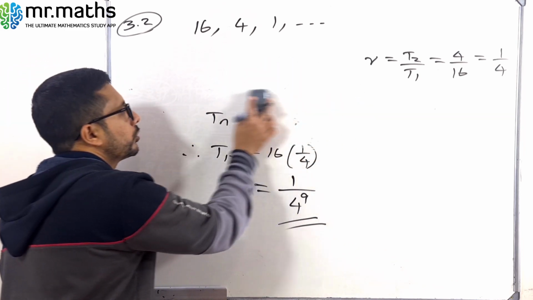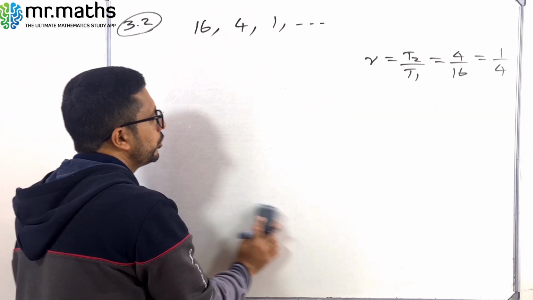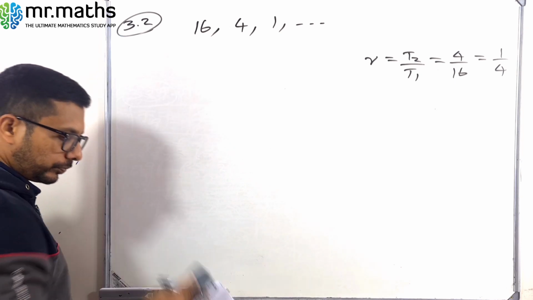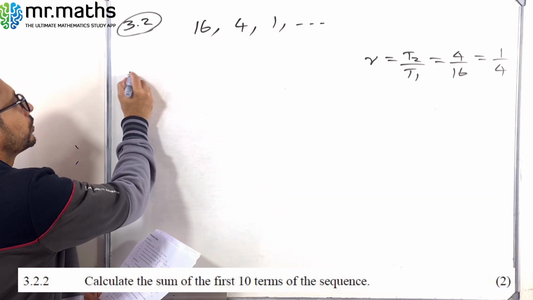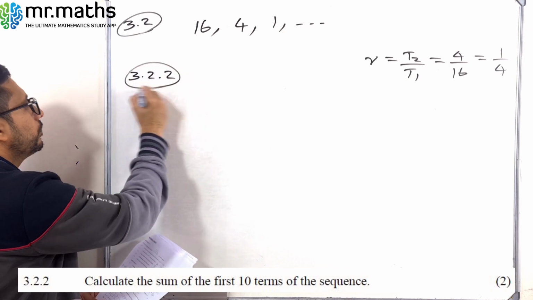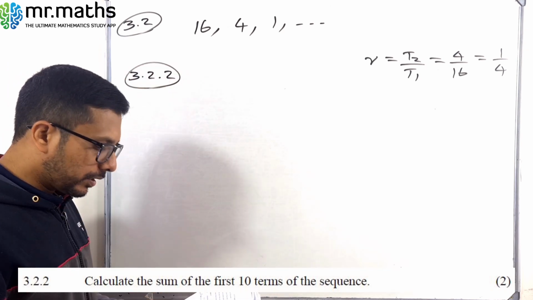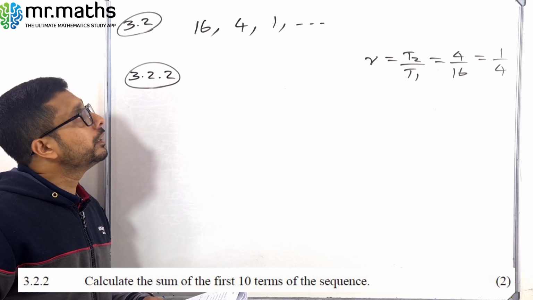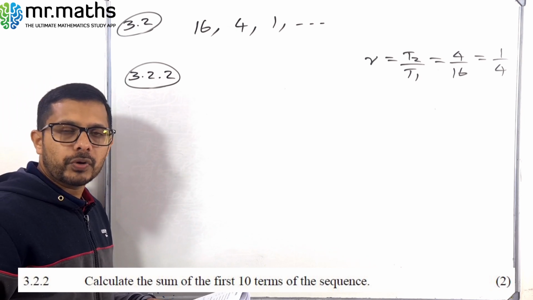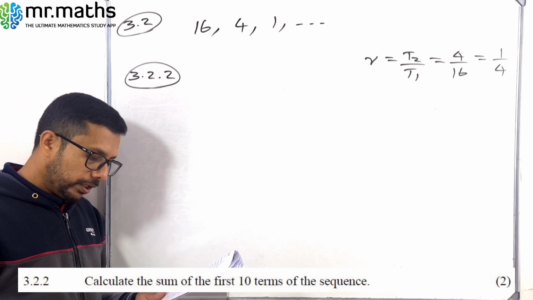So now let's move to the next question, 3.2.2. Question number 3.2.2. What is that question? Calculate the sum of the first 10 terms of the sequence. So here in this geometric sequence, you have to find the sum of the first 10 terms.